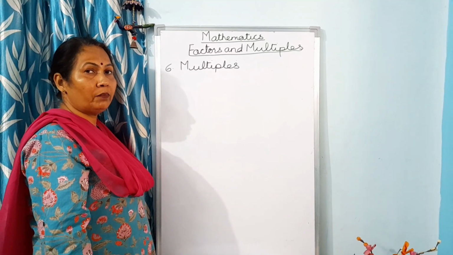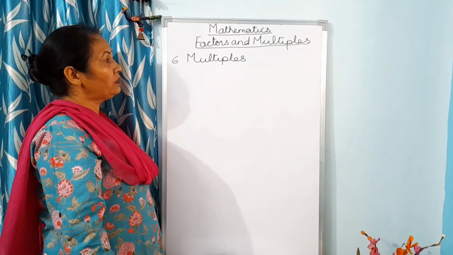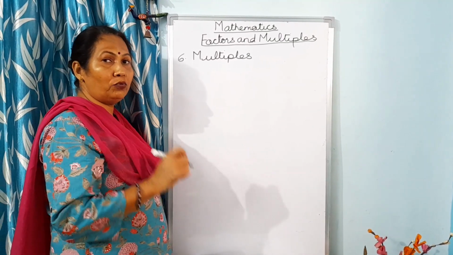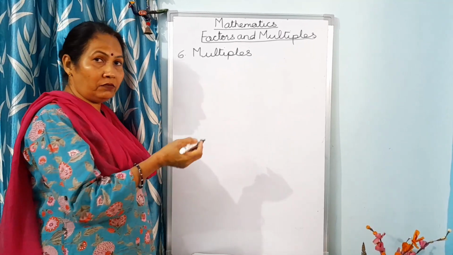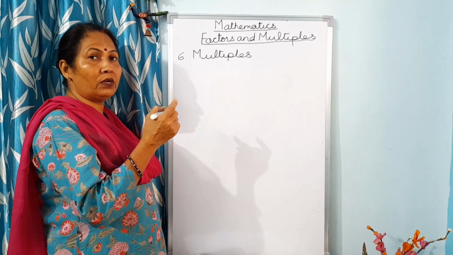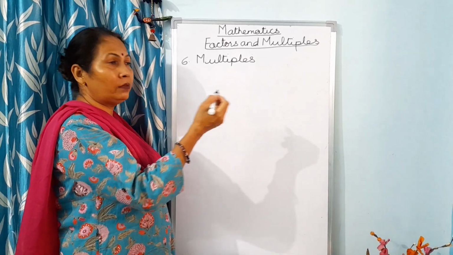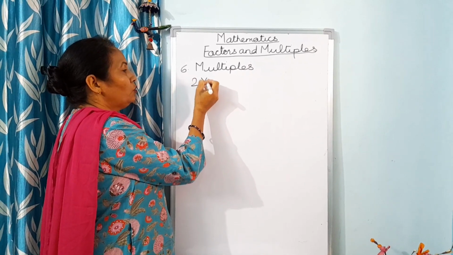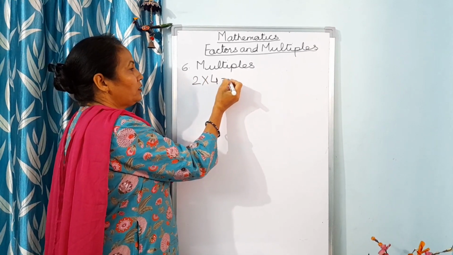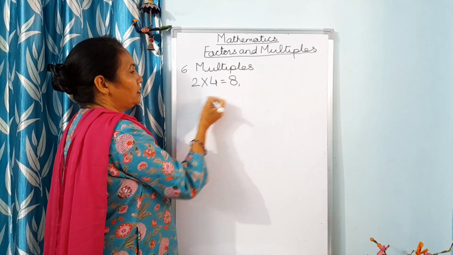Now next is multiples. In multiples, children, when you multiply two numbers, which is called the product of two numbers, the answer which you get after multiplying is called a multiple. I am giving you an example here. 2 into 4 is equal to 8.